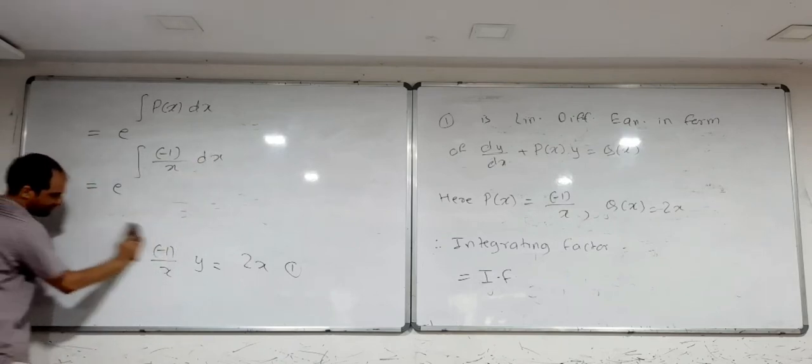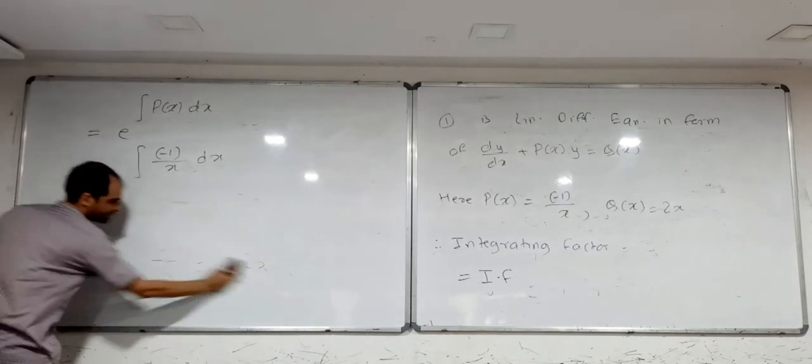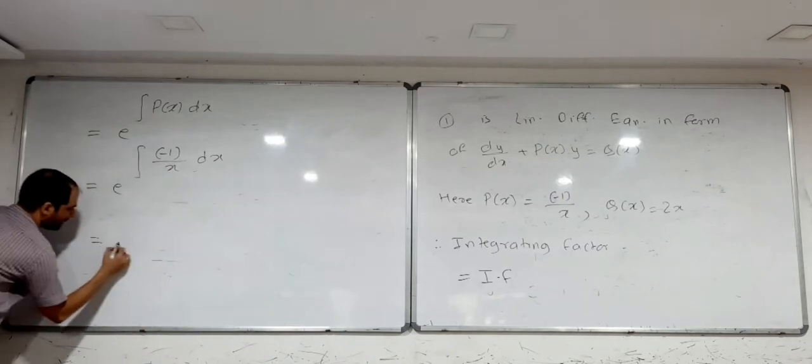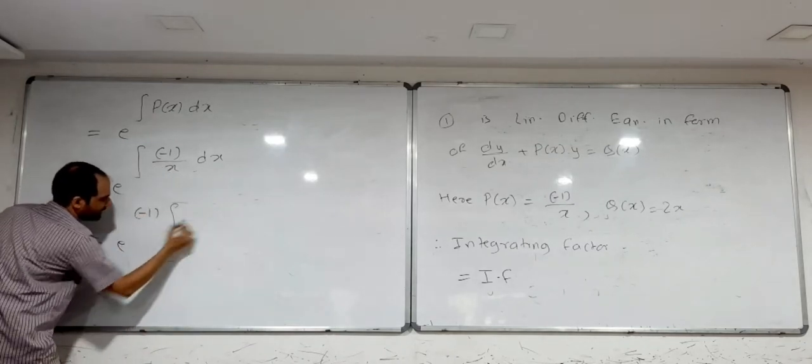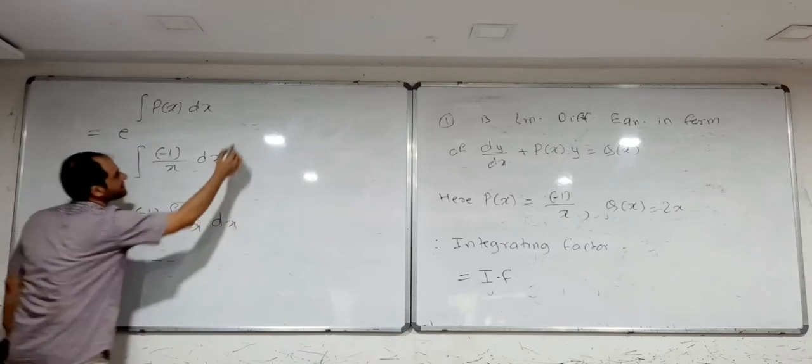Take minus 1 out as a constant. So therefore e raised to minus 1 into integration of 1 upon x dx.